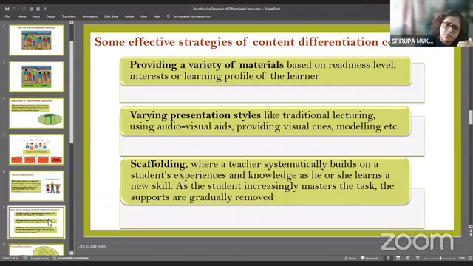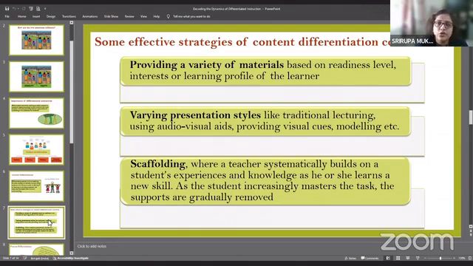Now, something that we have to remember is that when we talk about differentiation, we are not only talking about the less capable members of the cohort of learners.